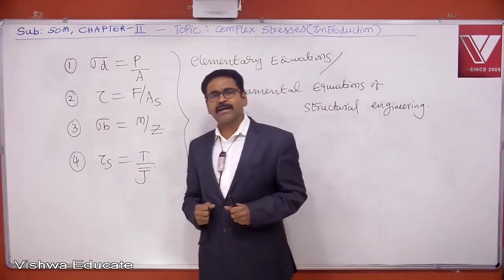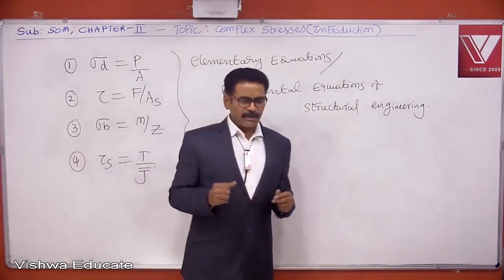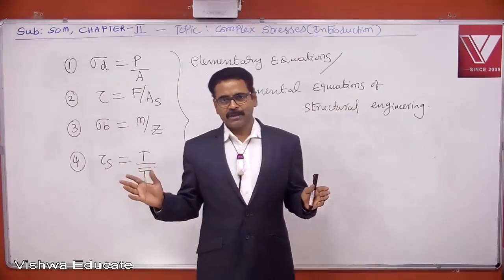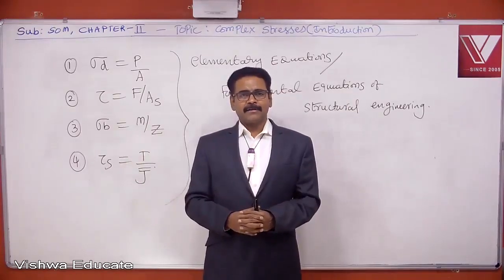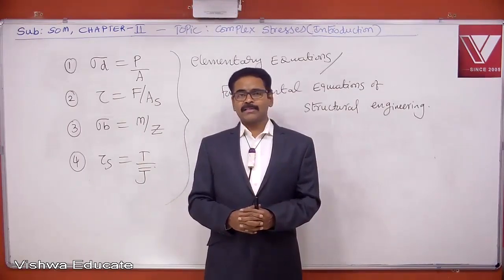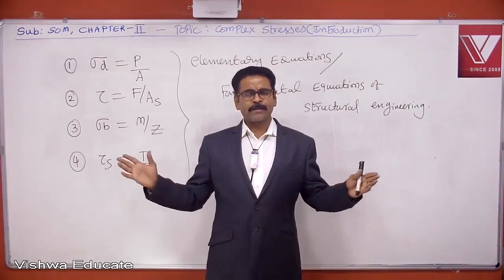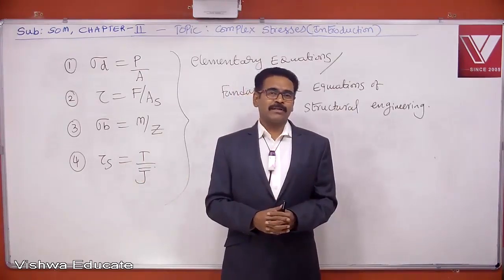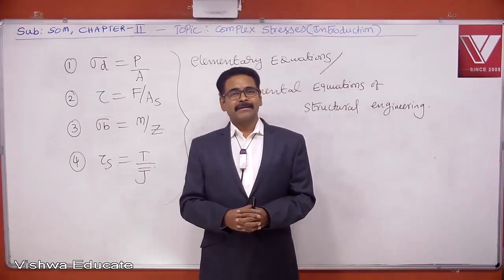Its name is minor principal plane. This plane carries lowest normal stress. Understand? Major principal plane carries highest normal stress or major principal stress. And minor principal plane carries lowest normal stress or minor principal stress.